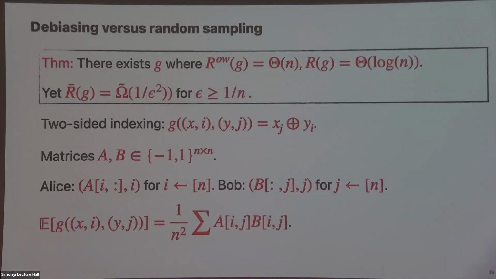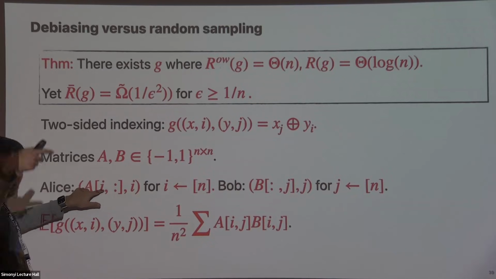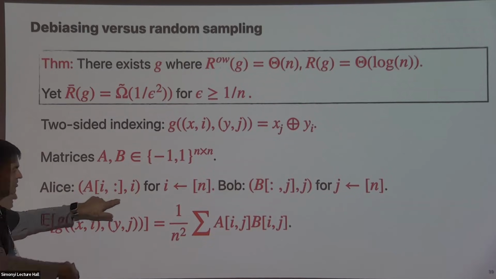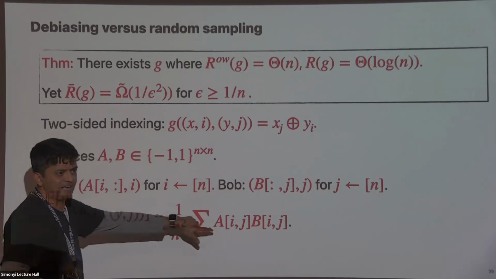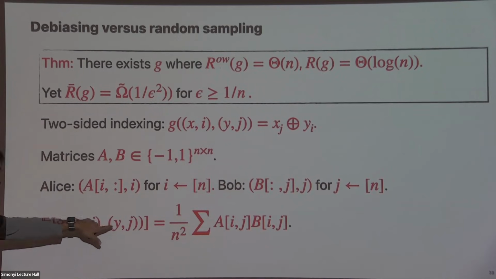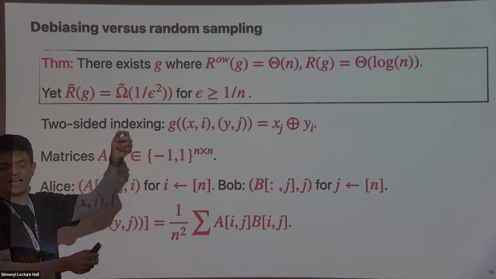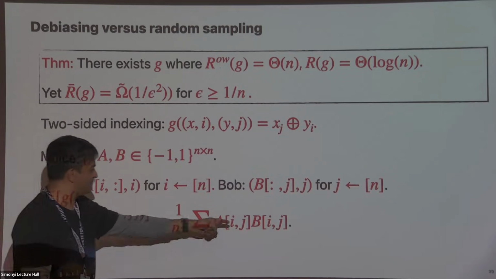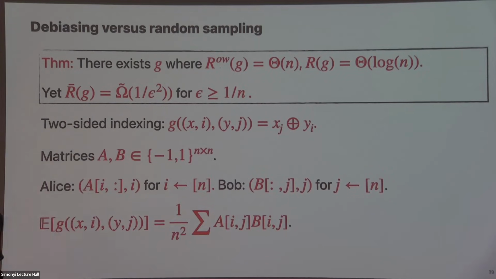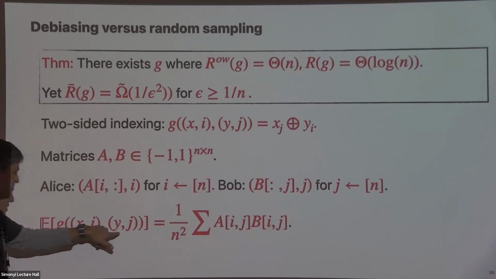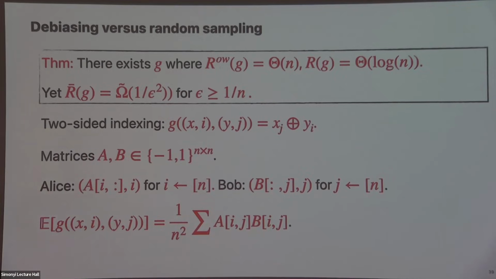And what happens here? Well, it's kind of really clever. You look at G of xi, yj. So Alice now has the ith row of the matrix, and Bob wants the jth index of that. So that is exactly the entry Aij. On the other hand, Bob holds the jth column. Alice wants the ith bit of that column. That is Bij, right? And there's an n squared here to account for the choice of indices.